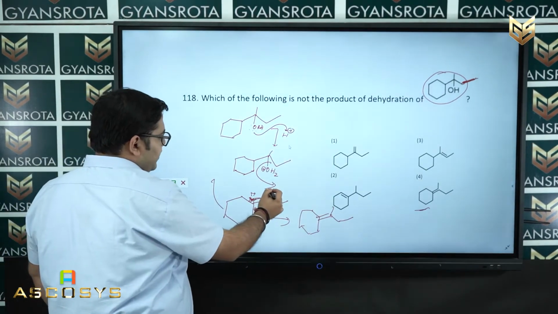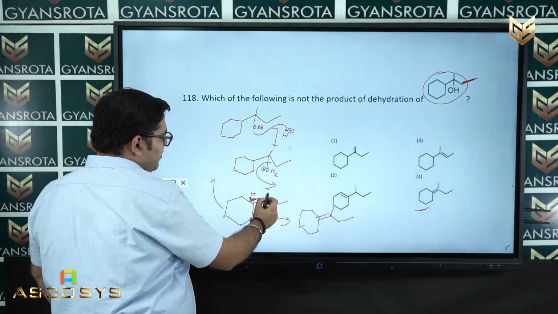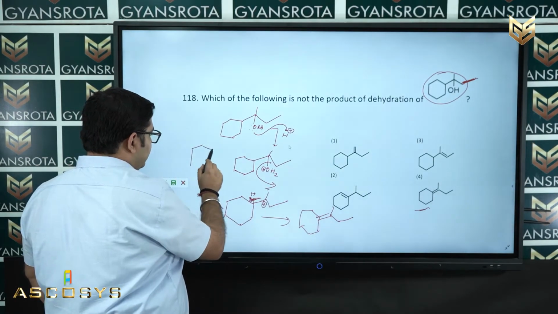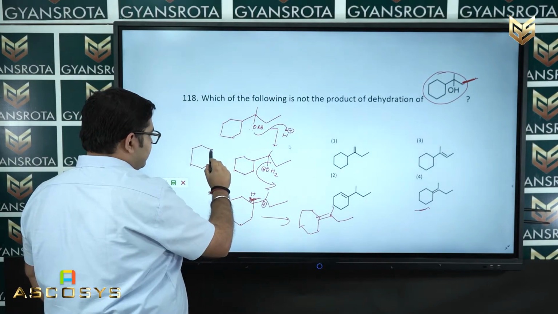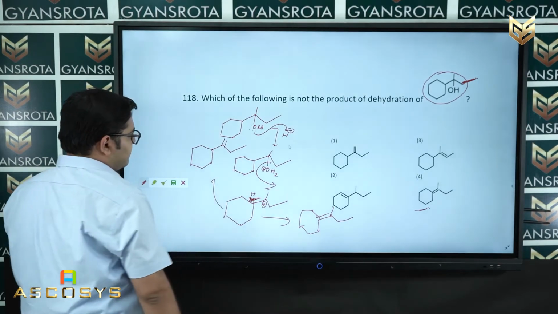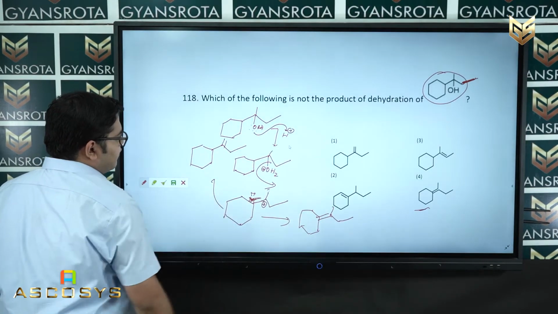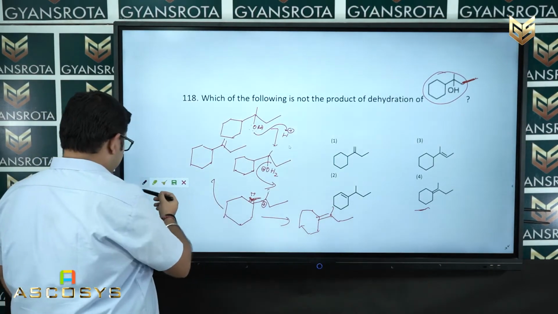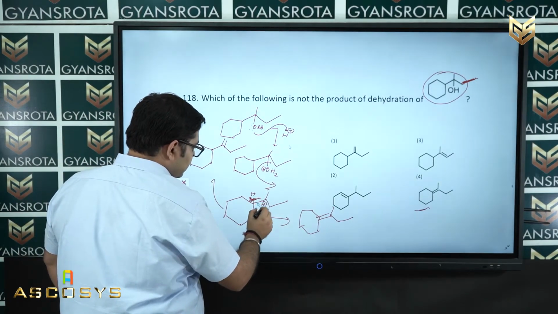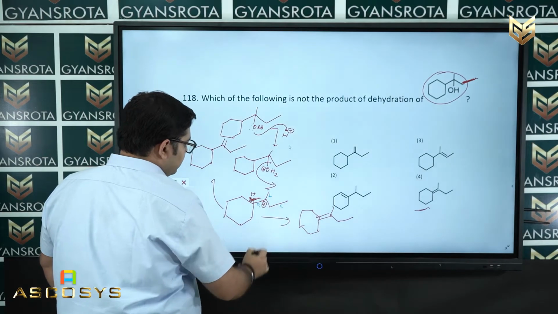Here also CH3 will be there. So, if you remove one hydrogen from here, you obtain a product like this. If I am removing hydrogen from here, I am marking it with a different color. So, this is the A pathway, this is the B pathway, this is the C pathway.